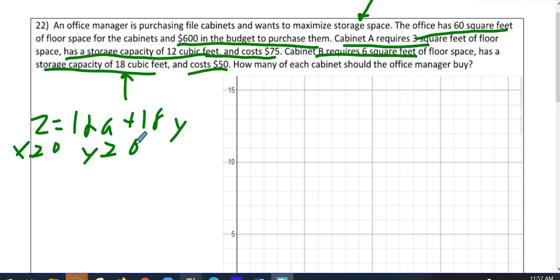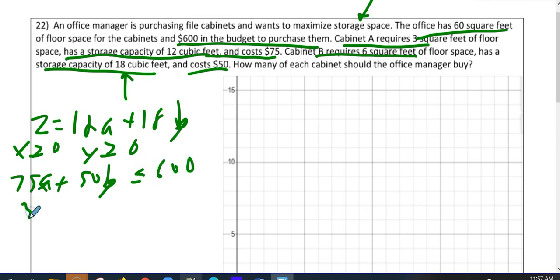Right, 75x, y, less than or equal to 600, 3x plus 3a plus 16.